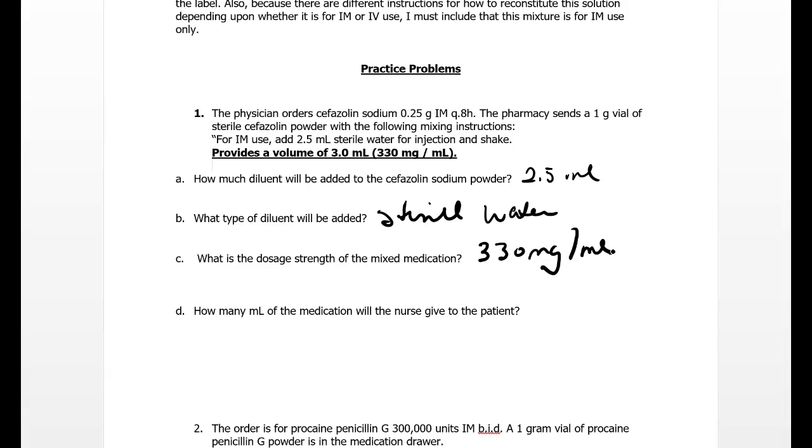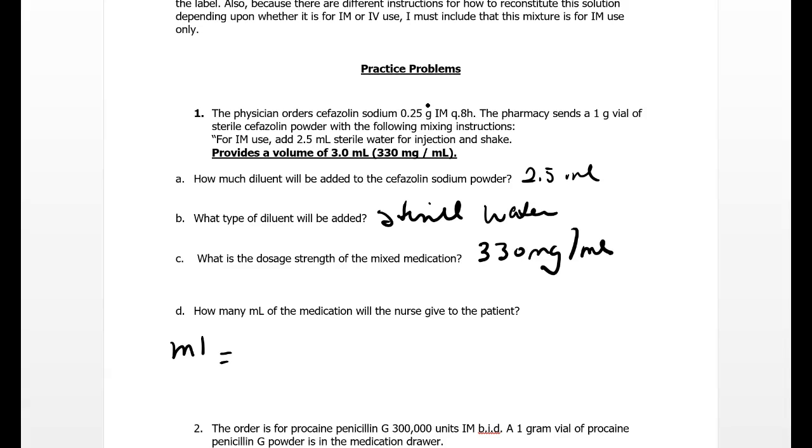Okay, so now let's find out how many milliliters of medication the nurse will give to the patient. So we're looking for milliliters, and we are looking for 0.25 grams. Remembering back to your system conversions, we would have to multiply this by 1,000 to end up with how many milligrams.